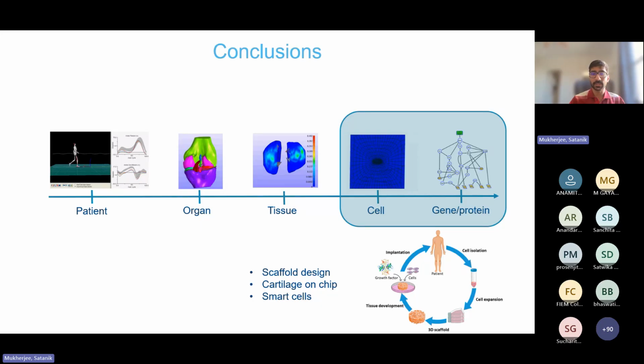And subsequently, I also talked about how you can use synthetic biology techniques, especially techniques like CRISPR, to basically edit the genome of these cells to create smart cells that would basically get activated by abnormal forces and trigger regeneration when they are implanted in the defect region of an osteoarthritic joint.